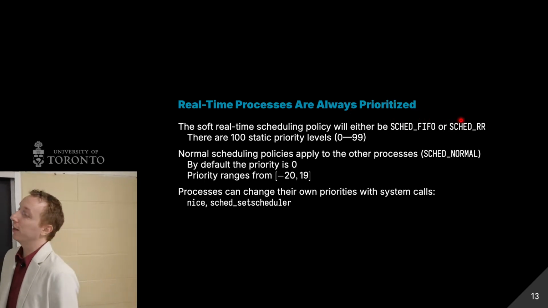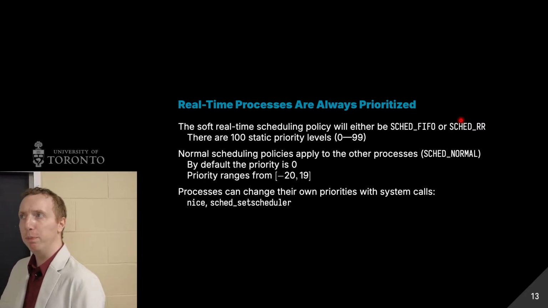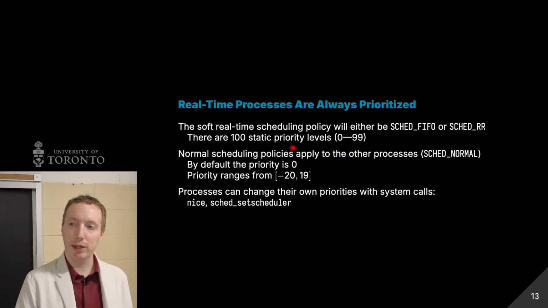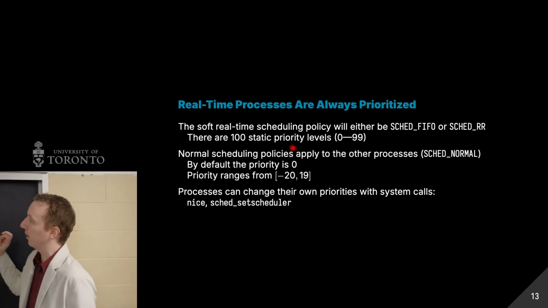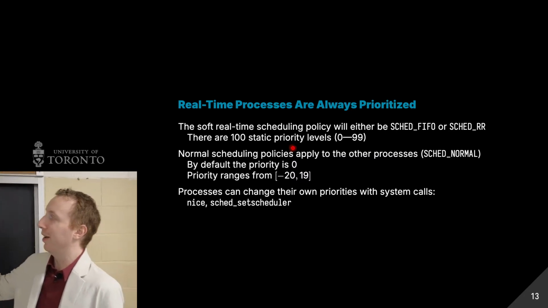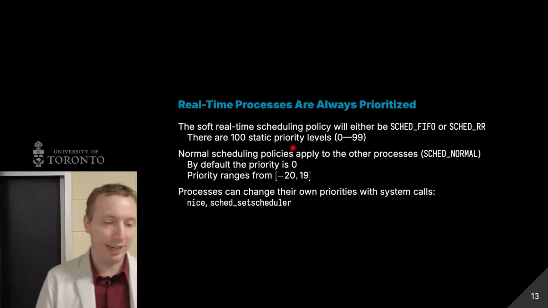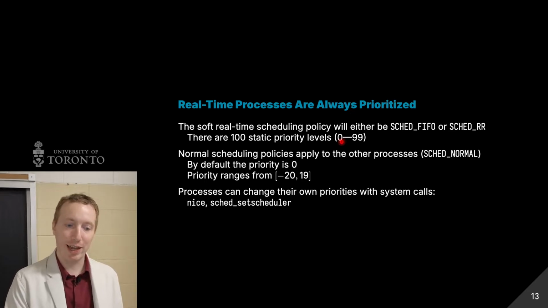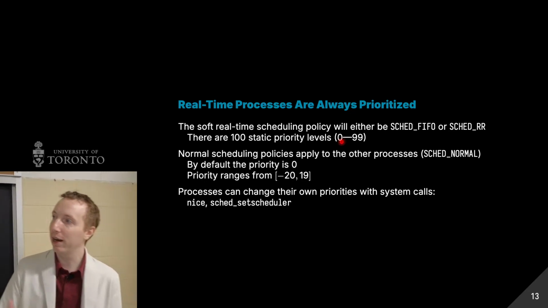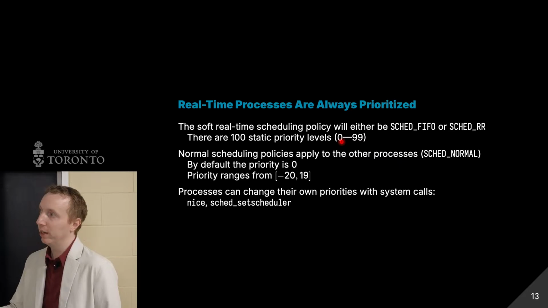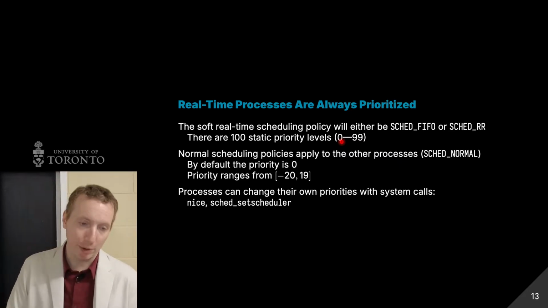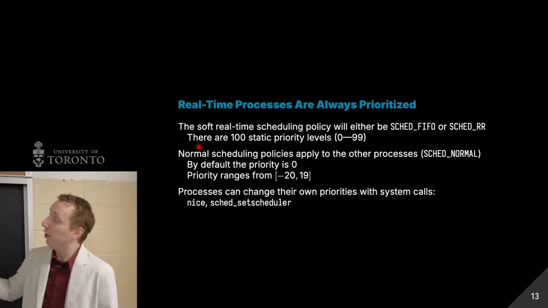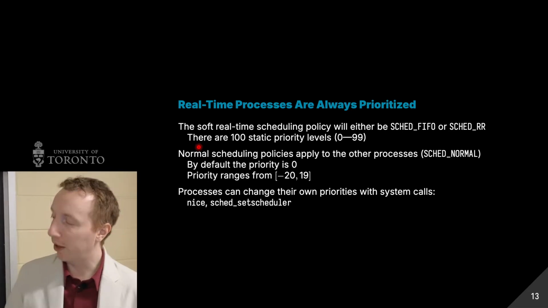And annoyingly on Linux, well, this was before Linux existed, there are 100 static priority levels for these soft real-time processes, and they go from 0 to 99. Annoyingly, 0 is the lowest and 99 is the highest. So a higher number means higher priority, unlike before, where a lower number meant higher priority, which is fun. Normal scheduling policies apply to other processes.